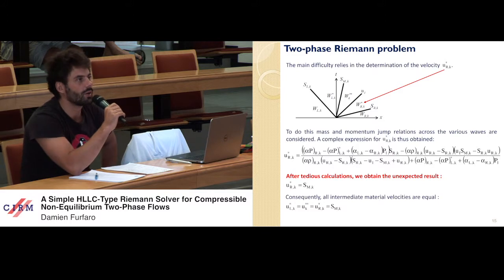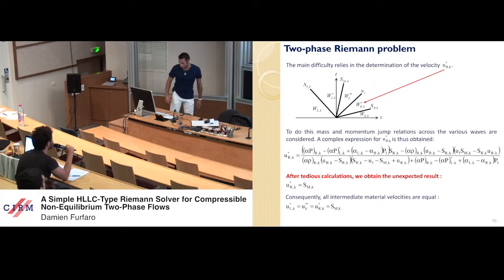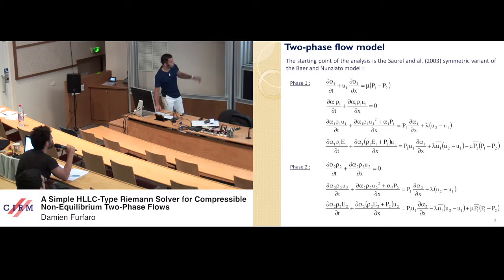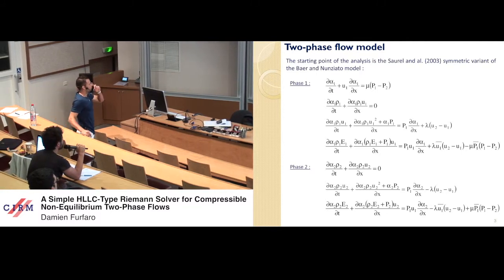It's about your relaxation parameter mu, and the relaxation solvers. Okay. So what do you mean by relaxation solver? If we consider the initial model of Saurel, we remark the source terms, which are relaxation terms, with differences of pressure and velocity. We remark the time terms.